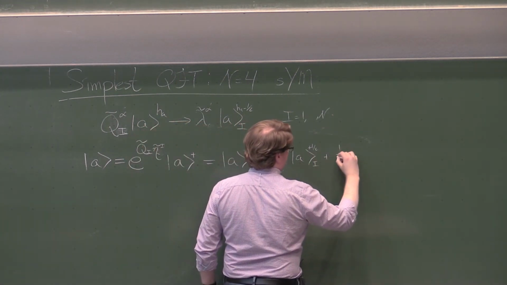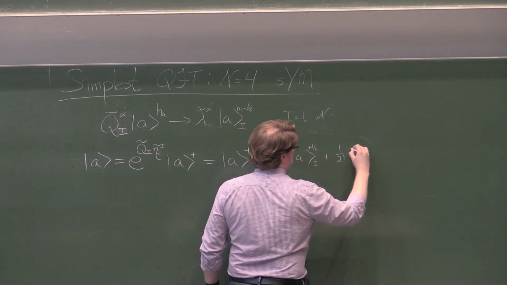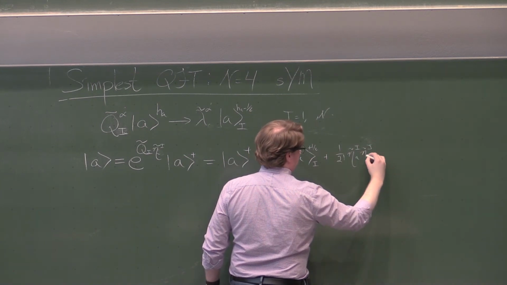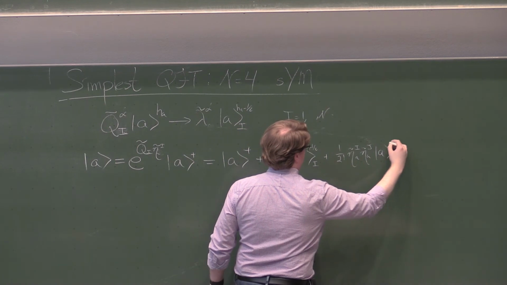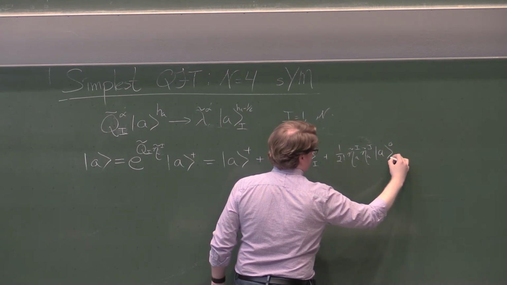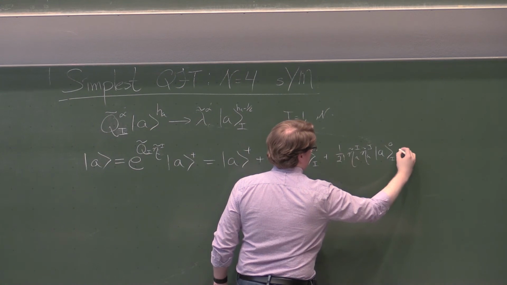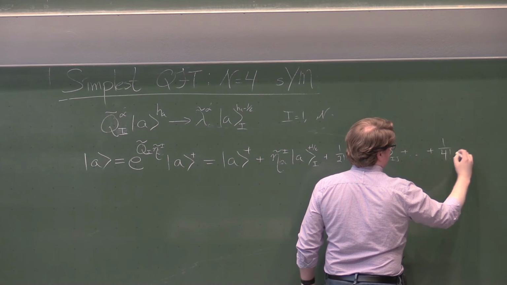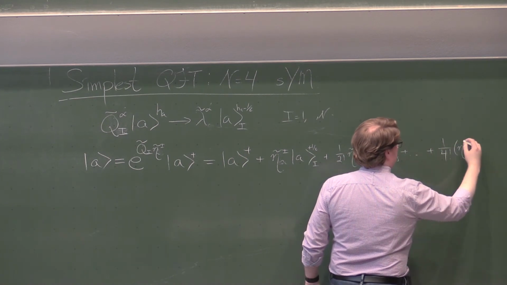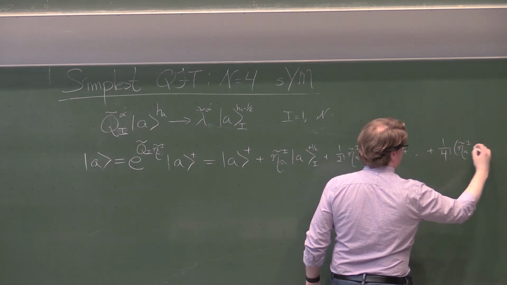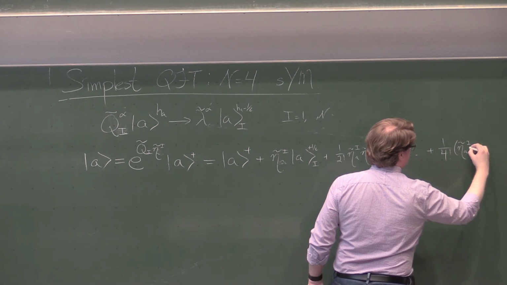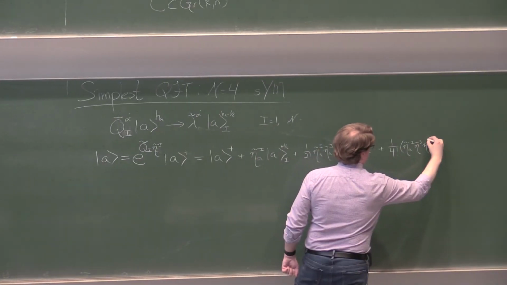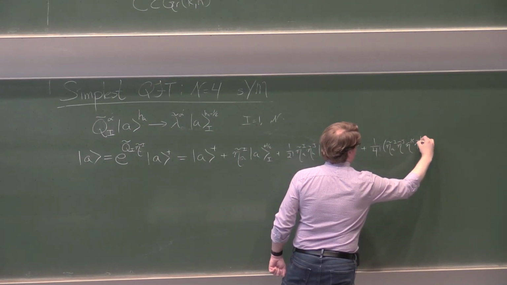Then you have 1 over 2 factorial, eta tilde I A, eta tilde J A, ij, plus, and I'm only skipping over one term, but still, 1 over 4 factorial. I almost can't bear to write this whole thing out, but I will. I, J, K, L.